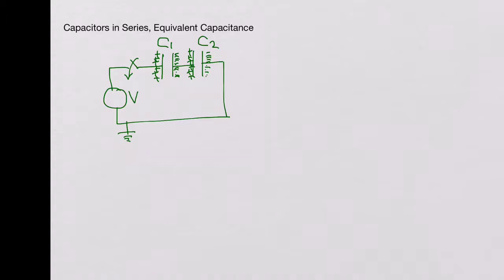And now if you look at the voltage dropped across the capacitors C1 and C2, the voltage across capacitor C1 is V1, the voltage across capacitor C2 is V2. So now we can write the total voltage across the circuit V is equal to V1 plus V2.